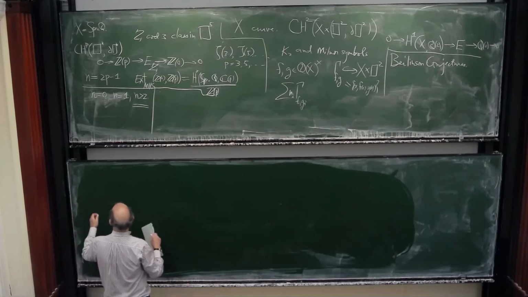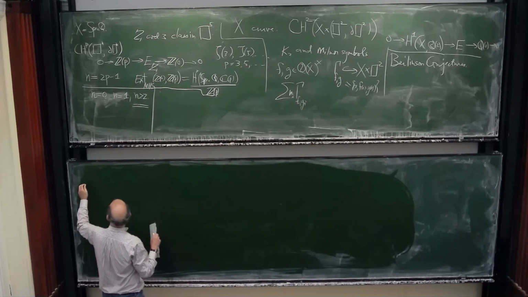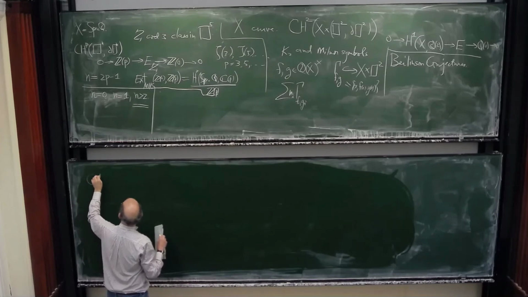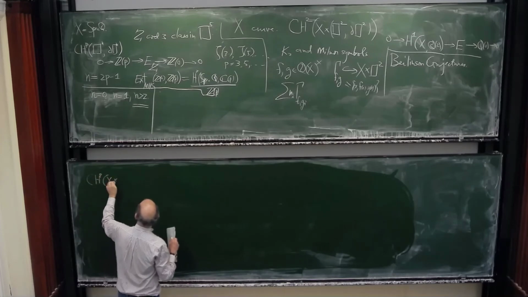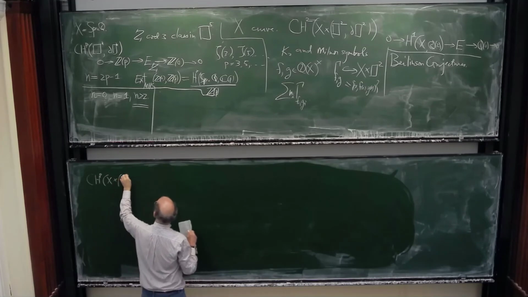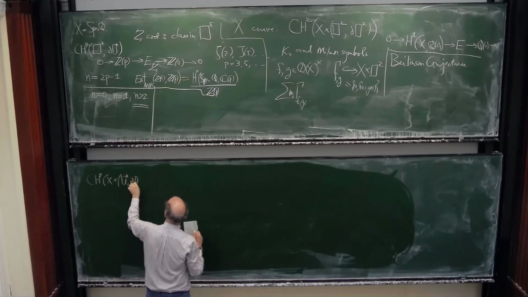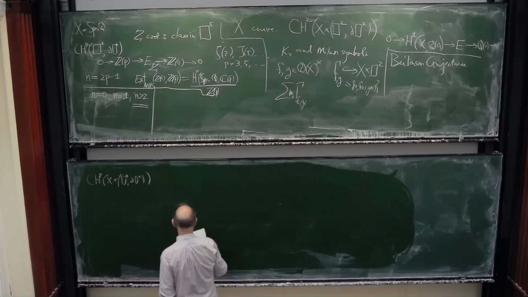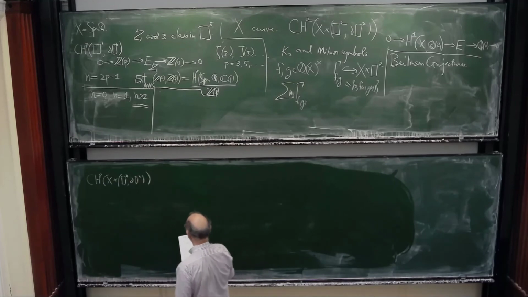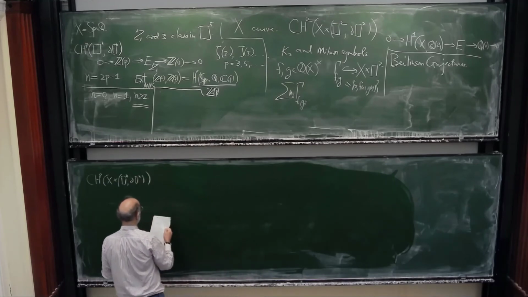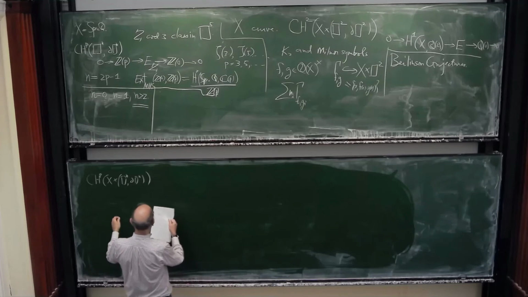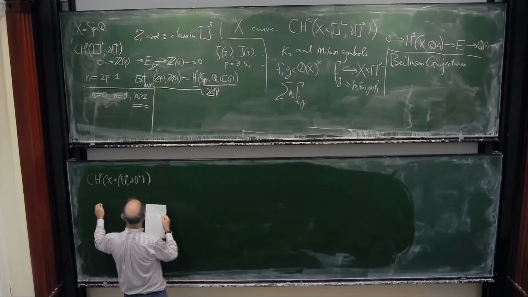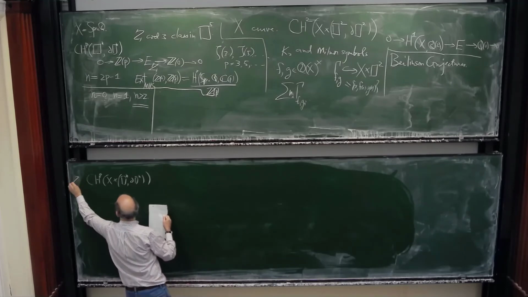So we're looking at cycles of codimension p on X cross box n. And the extension class lives in, so Z, let's say, is in here.